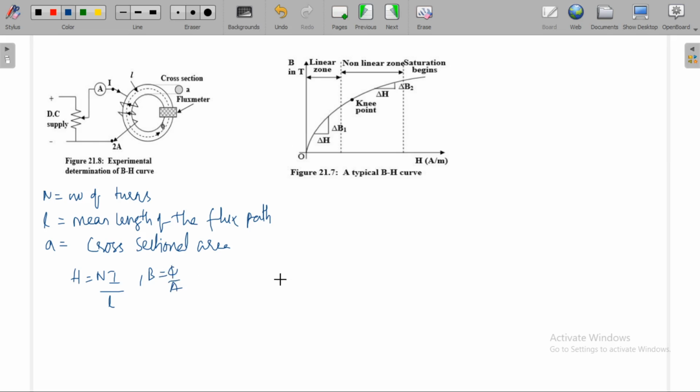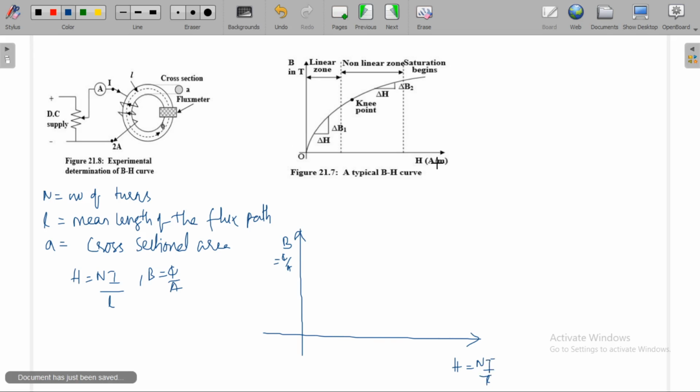Now let us draw the BH curve for this magnetic material. This is flux density B, equal to flux per area. H is equal to NI by L, actually in ampere turns per meter.